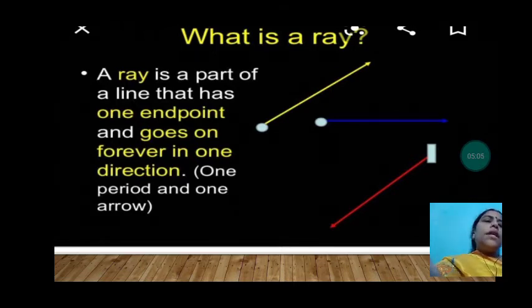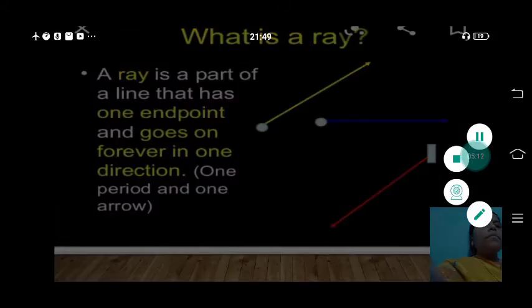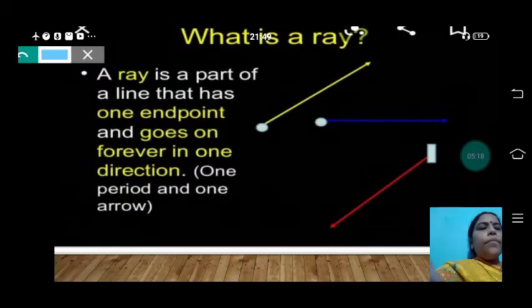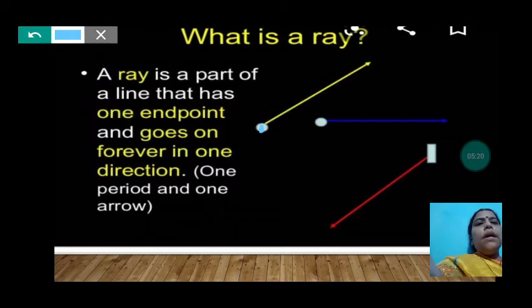So what can we say about a ray? A ray is a part of a line that has one end point. You can see here it has one end point, and it goes on forever in one direction.